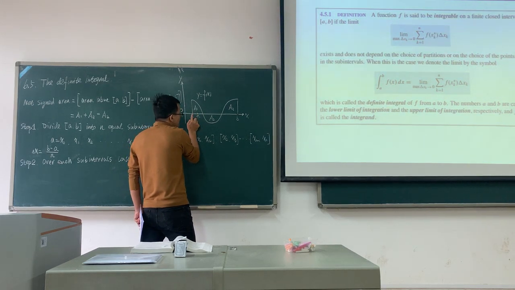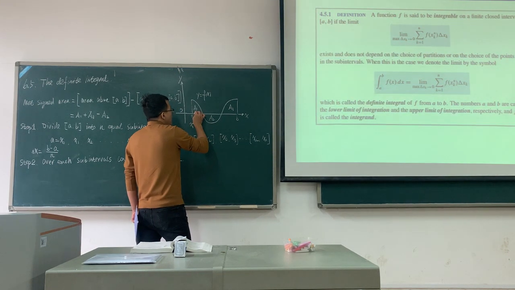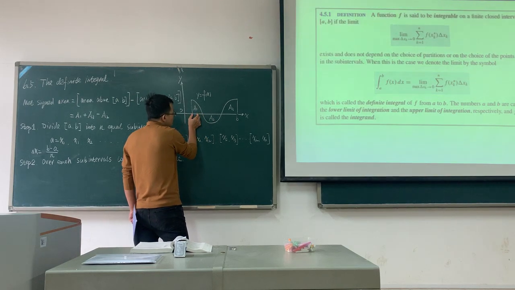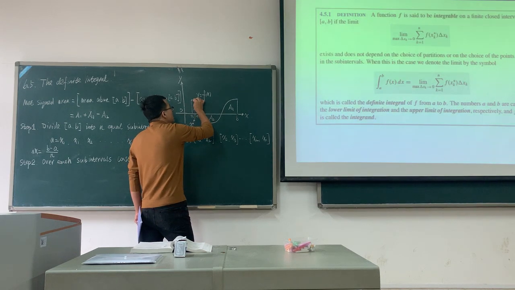This point can be the left endpoint, the right endpoint, the middle point, or any other point. Call it x1 star. We use the x0 to x1 distance as the base and f(x1 star) as the height.